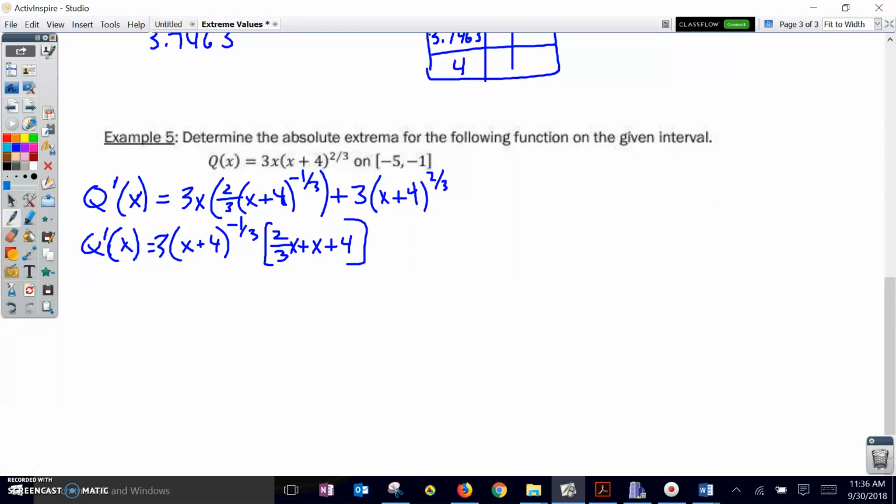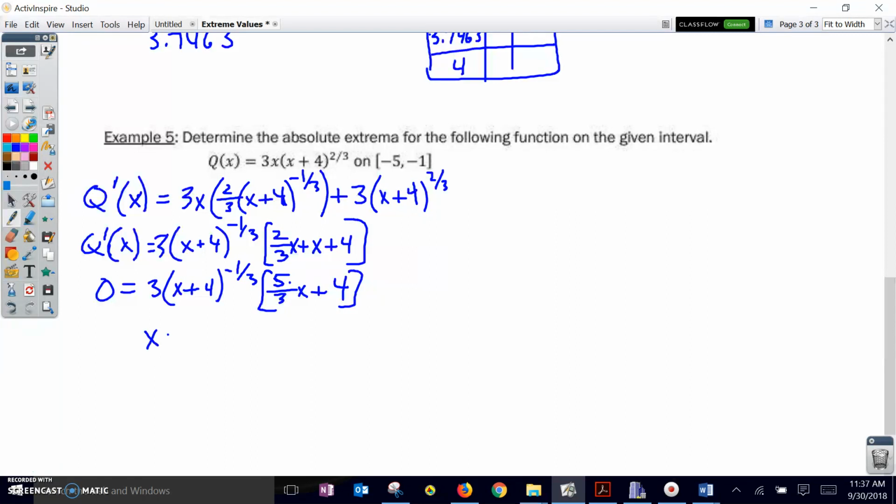Alright, and so now I can solve this, set it equal to 0. If I solve this for 0, I find out that it is 0 when 5/3 x plus 4 is equal to 0, which happens at negative 12/5.